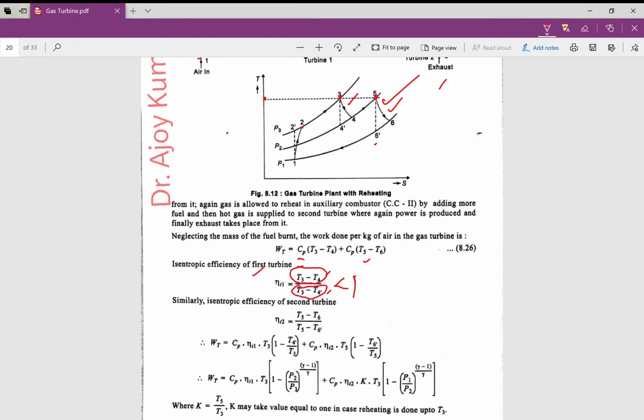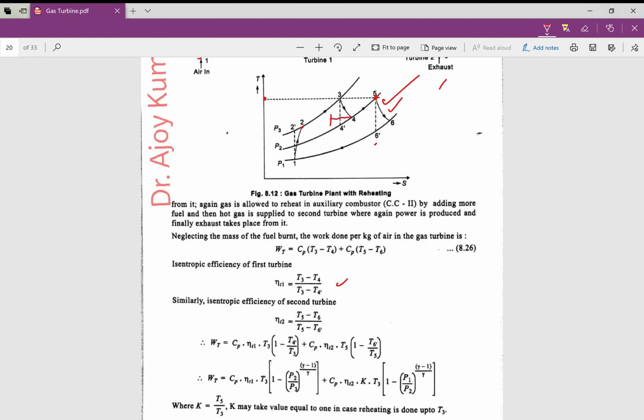So, dear students, we can easily write this for any device, let it be a turbine or compressor. For this turbine 1, efficiency is written as T3 minus T4.